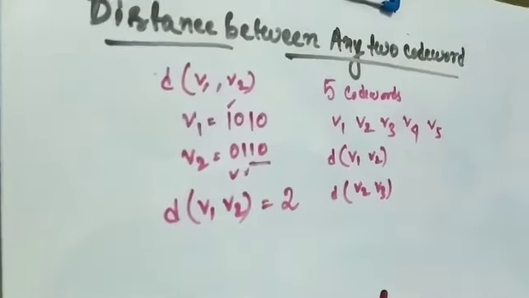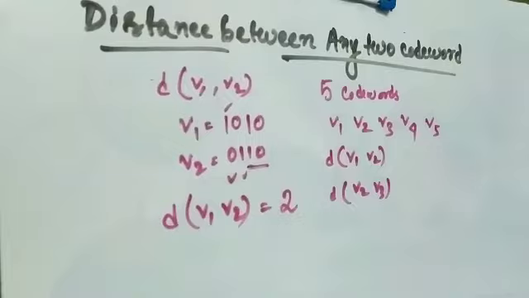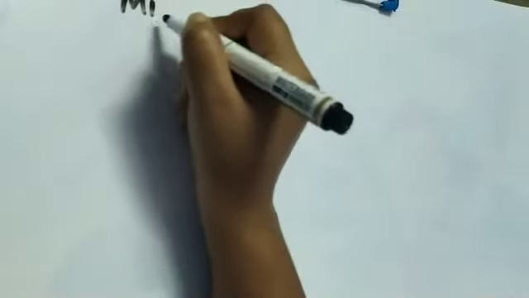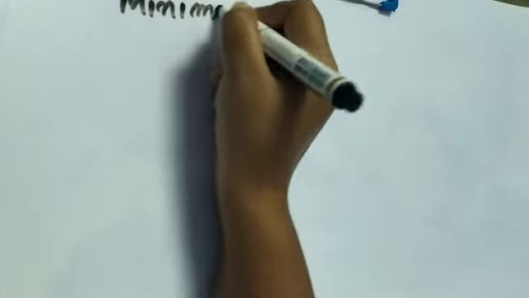Now we talk about minimum weight. So, what is minimum weight? The weight of a code word is the number of ones present in that code word.